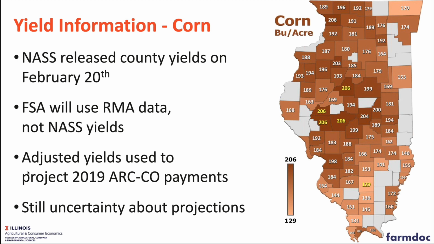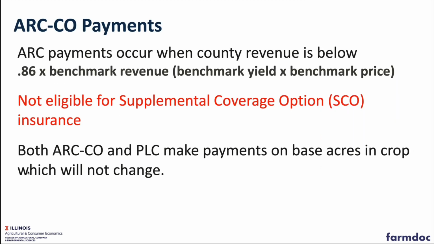In particular, if you're looking at irrigated corn, there's a lot more variability in estimates around irrigated corn. ARC County will make a payment when county revenue is below 86% of benchmark revenue, which is benchmark yield times benchmark price. Again, we are not eligible for SCO.